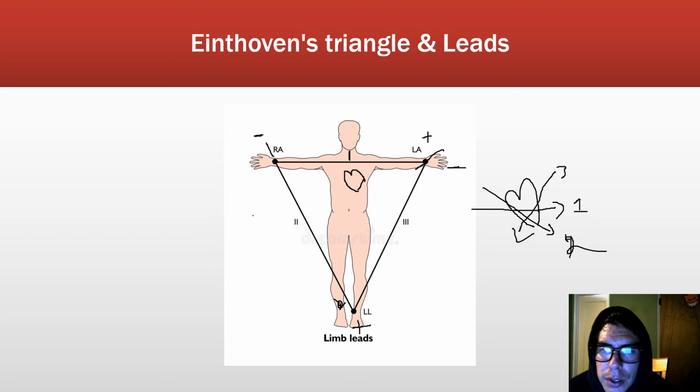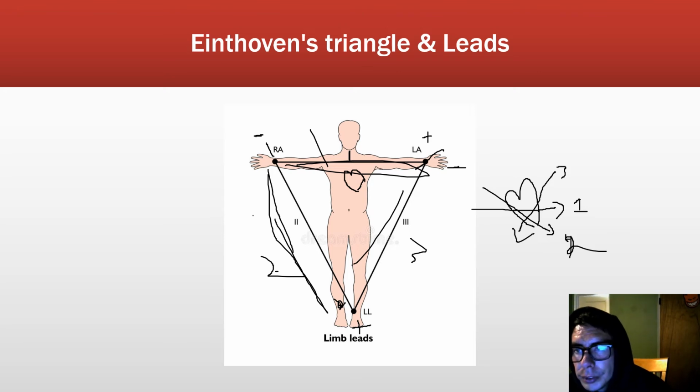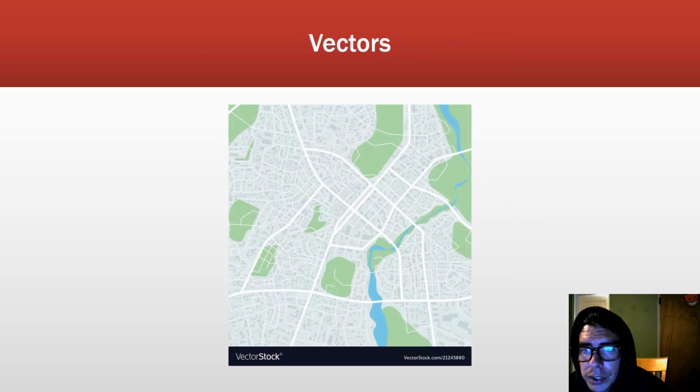I didn't need to draw that, whatever. So from there down to here, back and forth, lead 2; here and across, lead 1; here and down is lead 3. So that's where we get our leads from. It's the space between 2 electrodes.